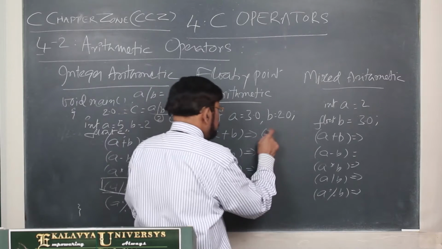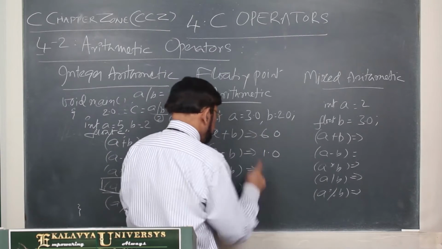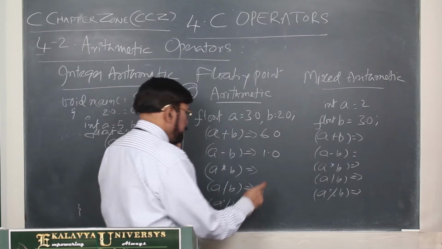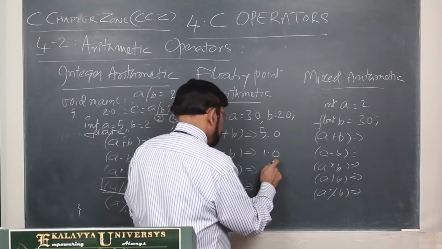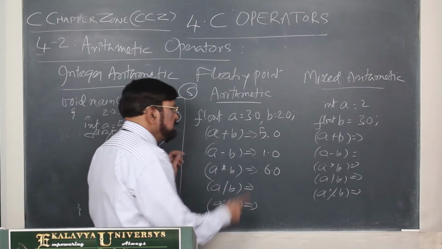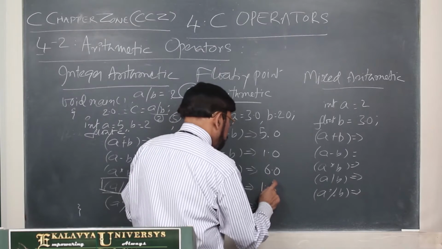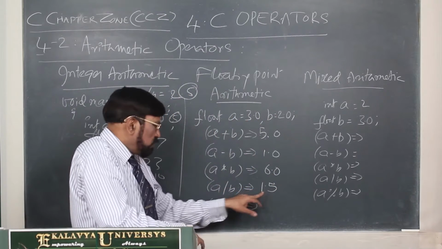Now this is 5.0. A minus B, this is 1.0. A into B, this is 6.0. A by B, this is now 1.5. Float versus float, the result is float.